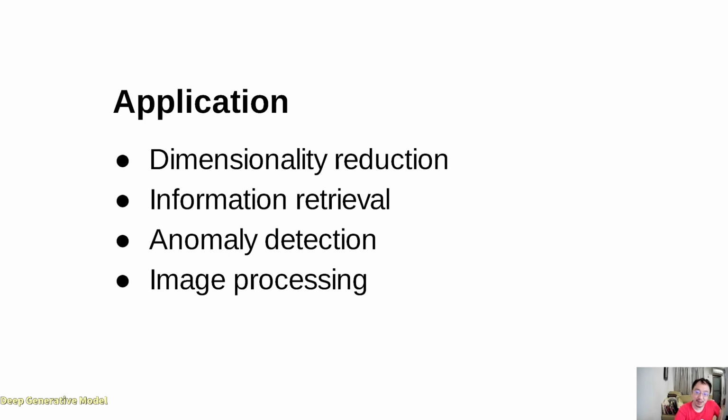Also anomaly detection and image processing. There are many ways to do that. I would like to put more emphasis on anomaly detection, because a lot of people do that, and hopefully try to actually apply it to some real work pipelines.